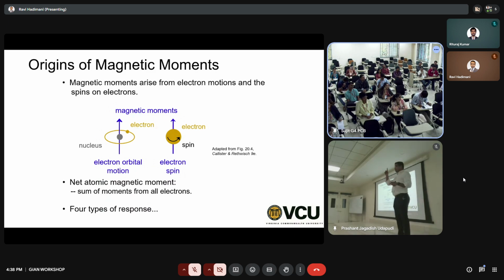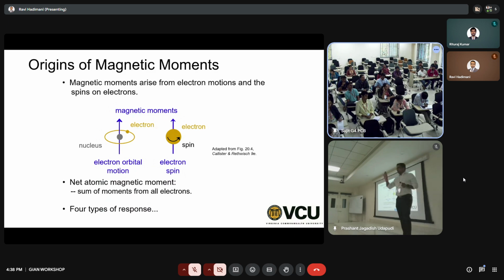When you write the electron configuration of your material, you will have some electrons with unpaired spins, and those will have a high magnetic field. So you have to identify in the periodic table which elements have unpaired spins, because those will have more magnetic field. If they are paired, they cancel out, right?